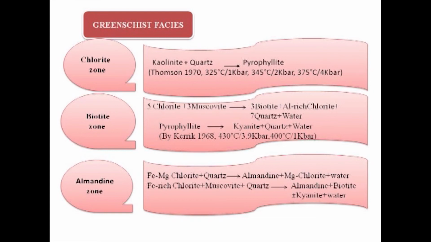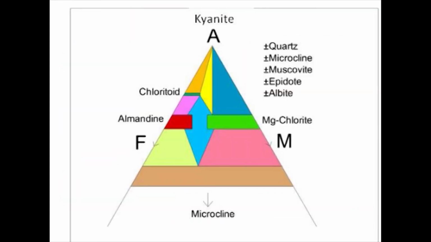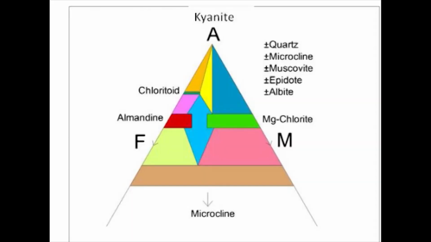The pelitic assemblages are: first, the kyanite plus chloritoid plus or minus epidote plus or minus muscovite plus or minus microcline plus or minus albite plus or minus quartz, also known as kyanite chloritoid schist. Second assemblage is your kyanite, chloritoid, almandine plus or minus epidote plus or minus muscovite plus or minus albite and plus or minus quartz, also known as kyanite chloritoid almandine schist.